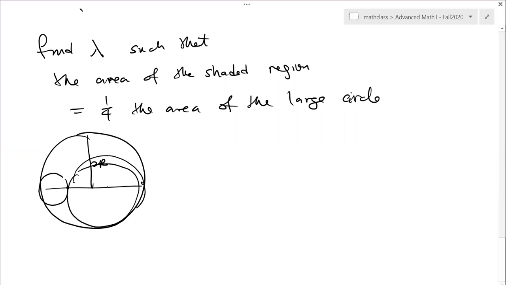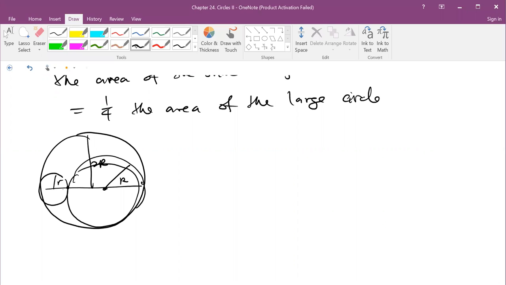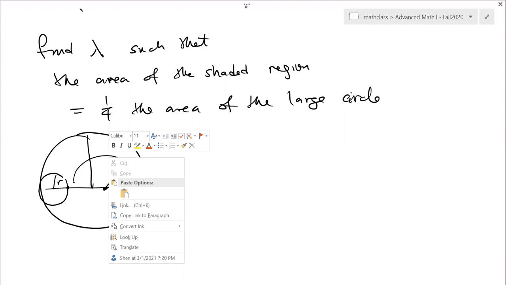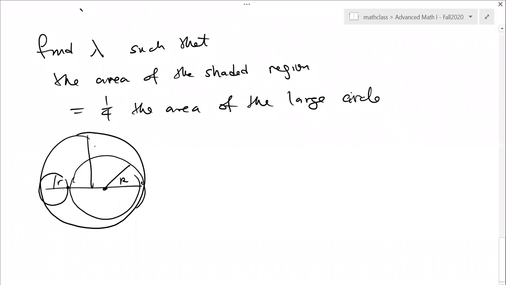Then you denote this circle and that circle later on with capitals. In that case, I need to fix the radius. I cannot use the same capital R here, right? So let's use rho. How about like that, right?